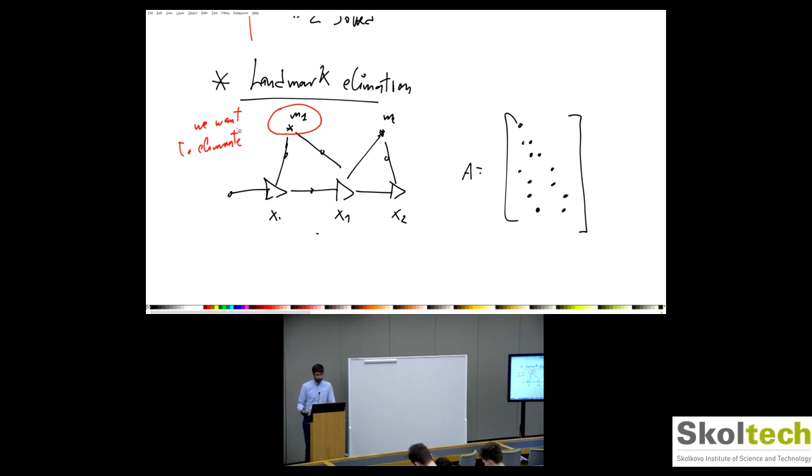But if we eliminate this node, we know what this means from the graph perspective. We need to add other factors just to make this problem equivalent. So the same graph with this landmark and without this landmark should be the same. So this landmark is just going to go away, and that means it's going to affect these two factors.